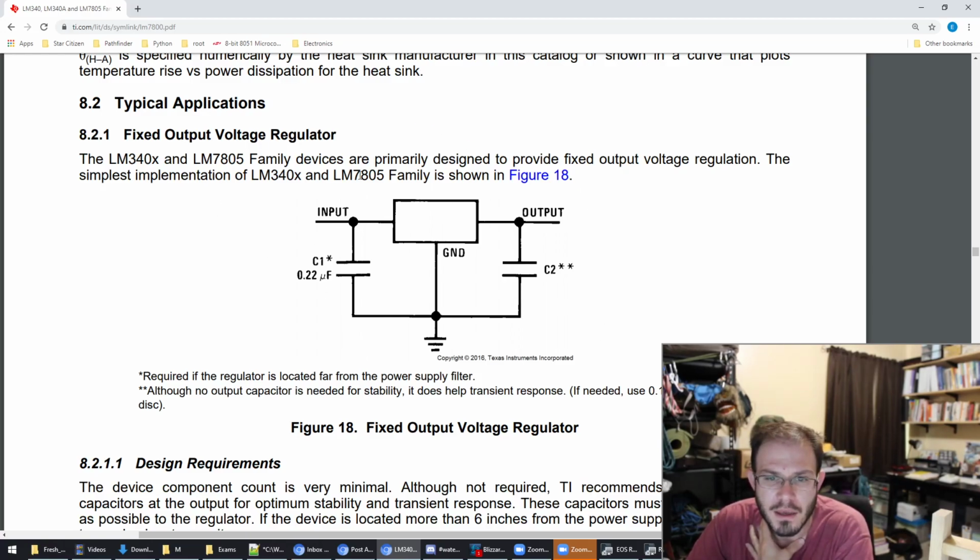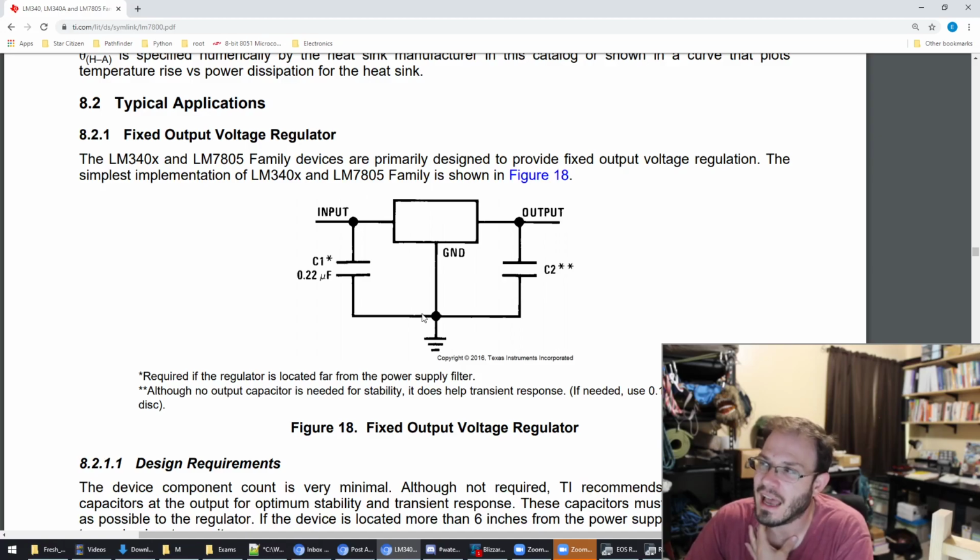What's the capacitor for? So the capacitor's needed for quite a few different purposes. I need to show the inside for the capacitor to even make any sense. There's a feedback loop that occurs where it's constantly sensing the voltage and adjusting the voltage.